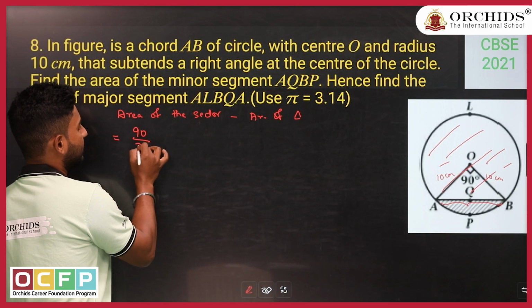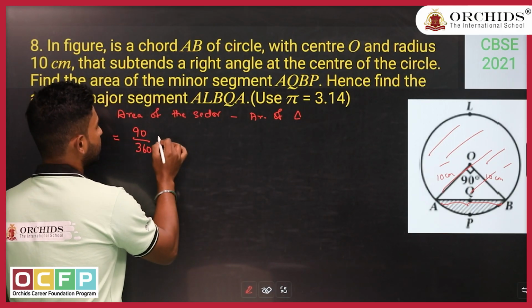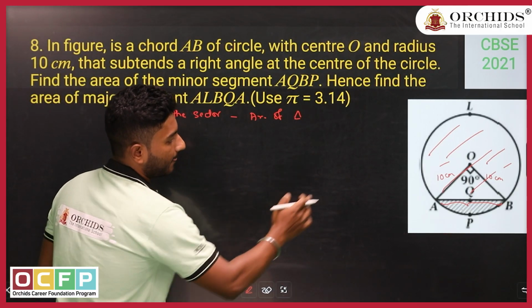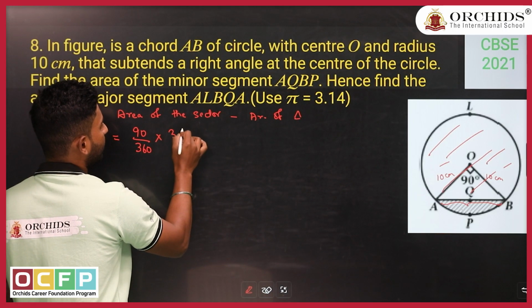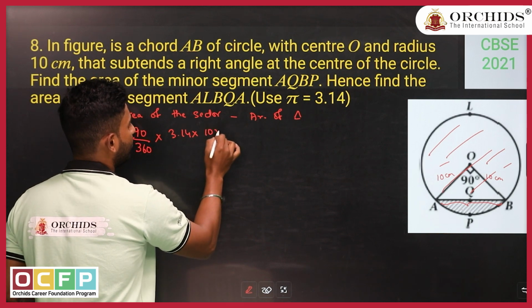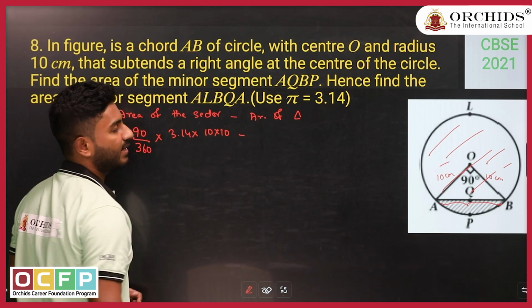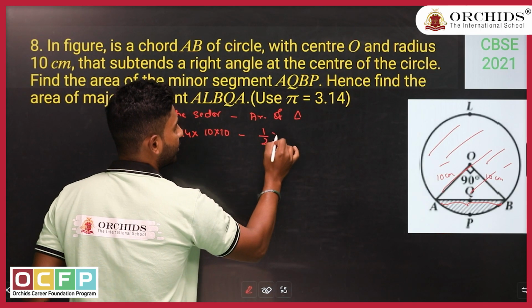Fine. So what is the area of the sector? 90 by 360, theta by 360, theta is 90 this time, into pi r square. What is pi? They have given this time 3.14. R square, what is r square? 10 into 10, minus area of triangle. Area of triangle is half into base.